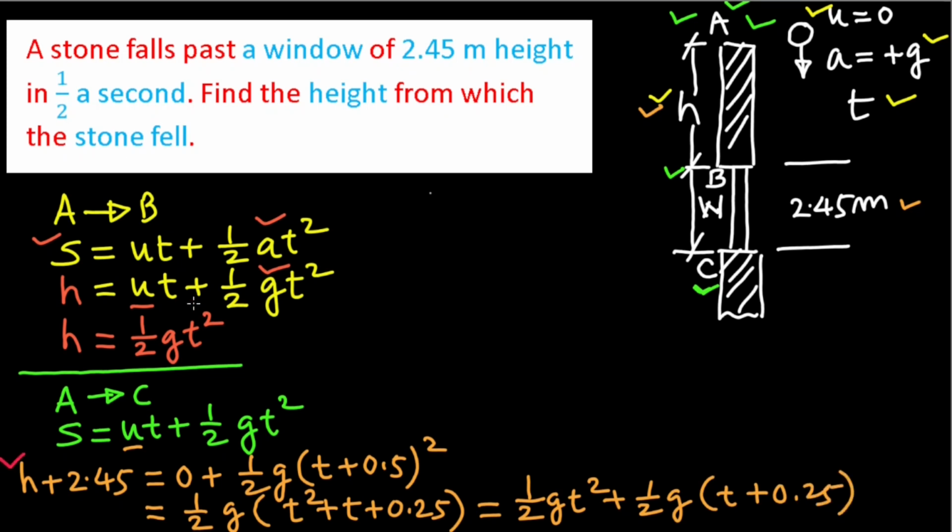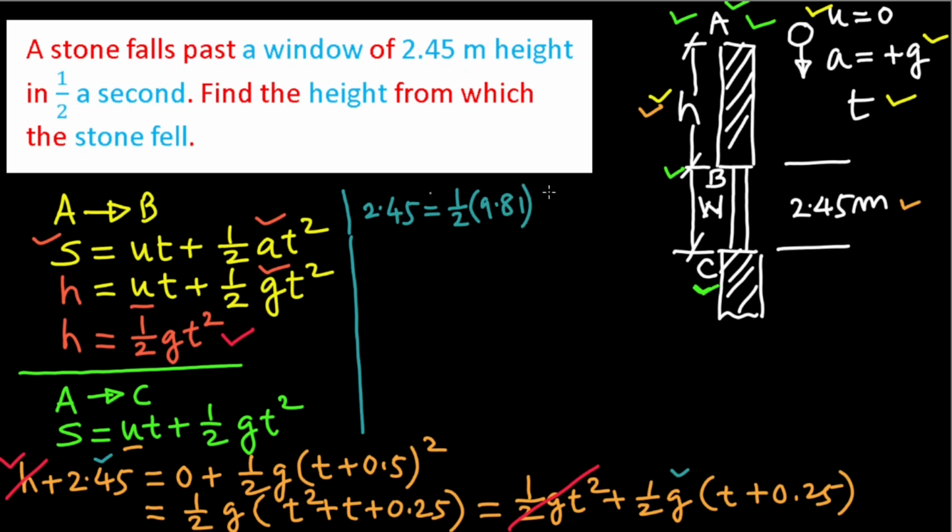Since this h is half gt square, this half gt square cancels with this h, and we get 2.45, which is this, equals half g, which is 9.81, multiplied by this, which is t plus 0.25.